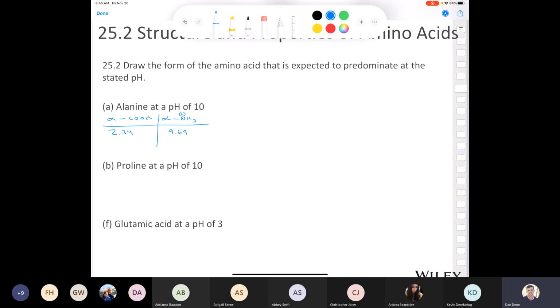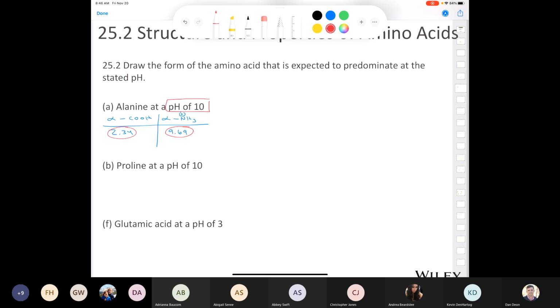So if I'm at a pH of 10, that means that my amino acid is in an environment that's more basic than both of these pKa's. All right, so if I have an acid and it's got a pK of 2.34, well, if I'm in a more basic environment, then that's going to be completely deprotonated.